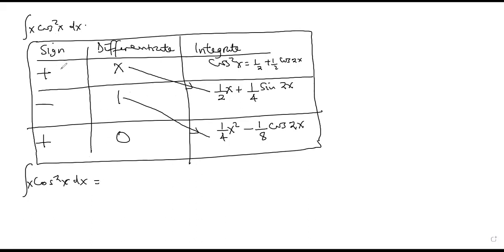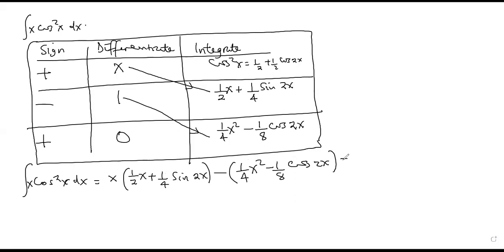So it is going to be x into a half x plus a quarter sine 2x, then minus, because we come with a sign, 1 times that. So it is going to be a quarter x squared minus 1/8 of cos 2x, then plus a constant.